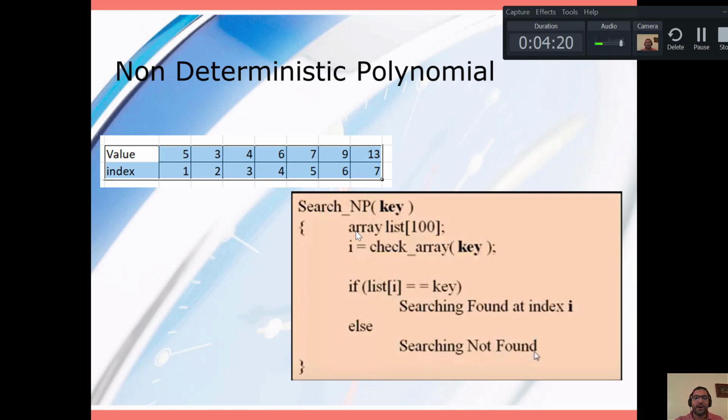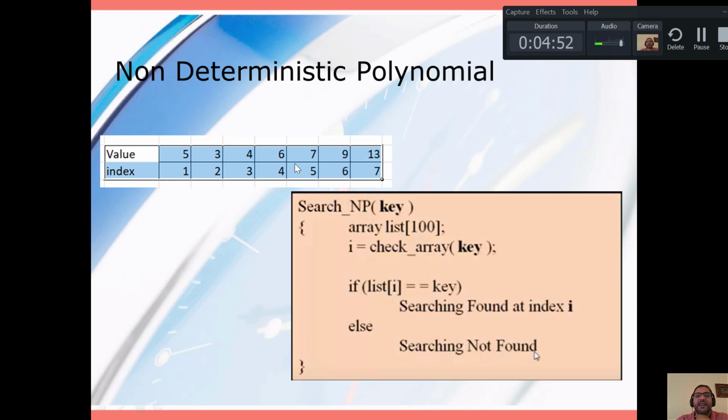So basically someone came into the picture and created this kind of algorithm. He said, if I have the element and I get, for example, the index of that element in one shot, in one line, then I can say this element exists in that index.